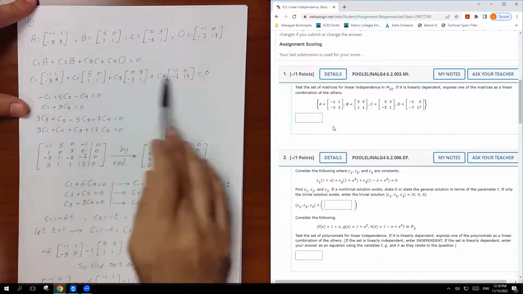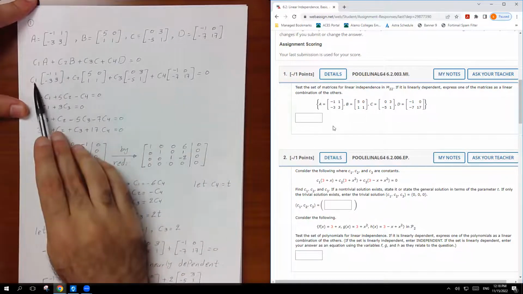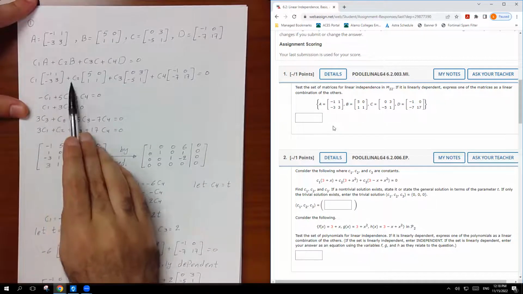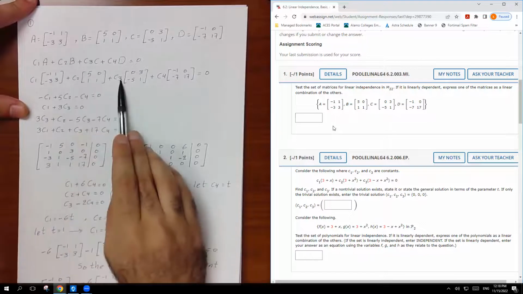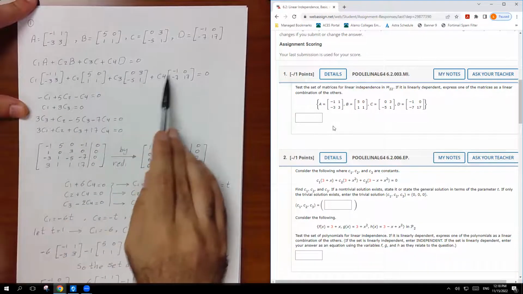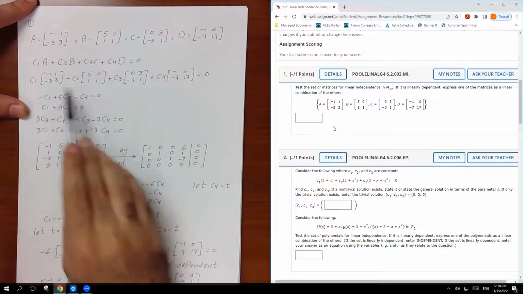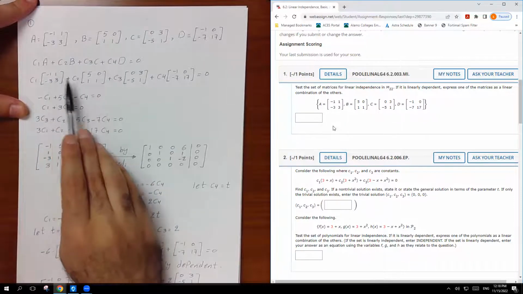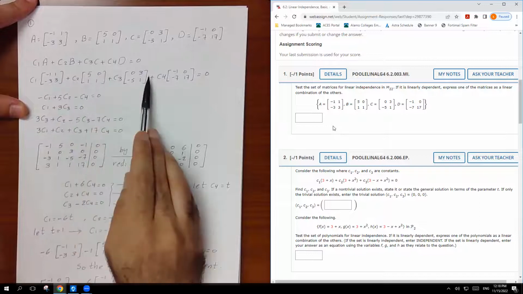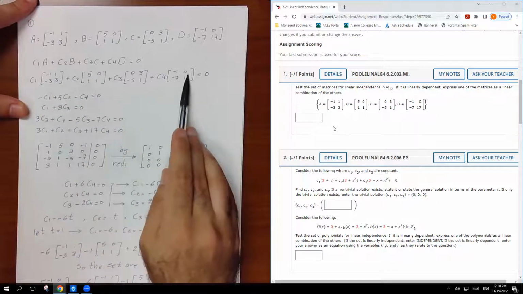Then write down everything. The first equation is negative C1 plus 5C2, C3 is 0, negative C4. The second one is going to be C1, C2 is 0, 3C3, and 0C4.